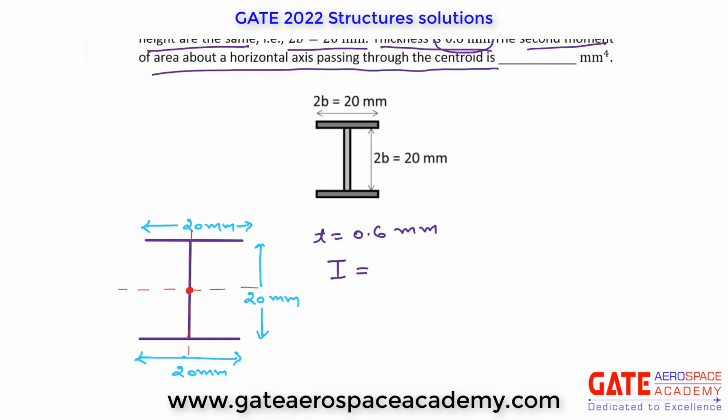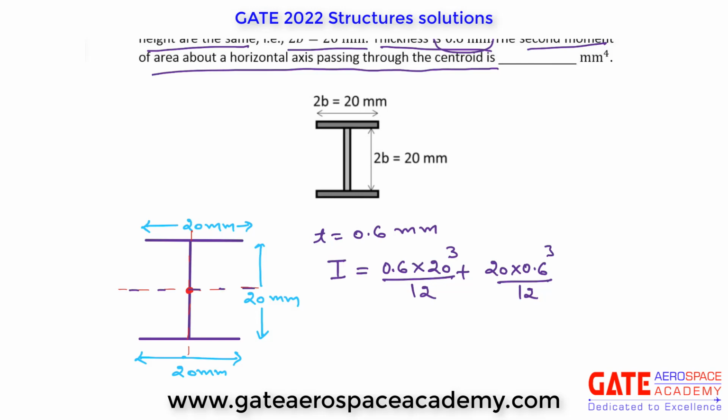So for web section it is 0.6 into 20 cube upon 12 for this web section, right. Now for flange it will be 20 into 0.6 cube upon 12 about its own local centroid, but we have to find out about the centroid of complete cross section, correct, about this.